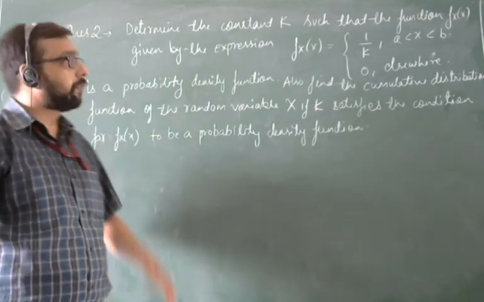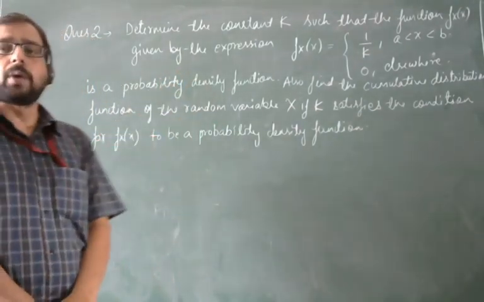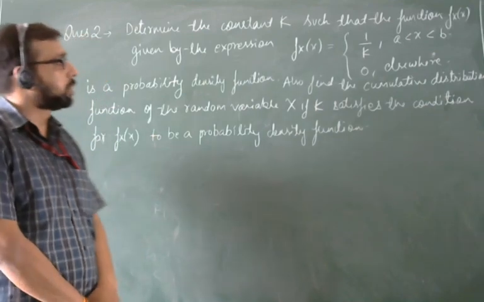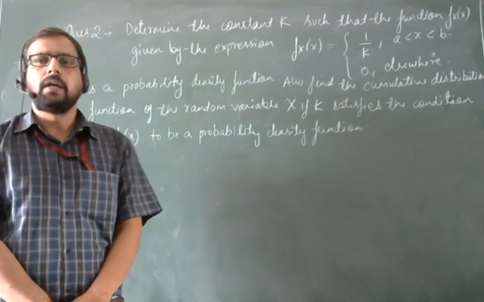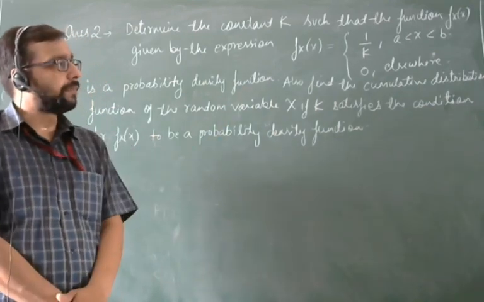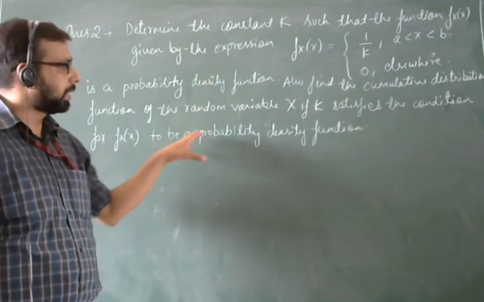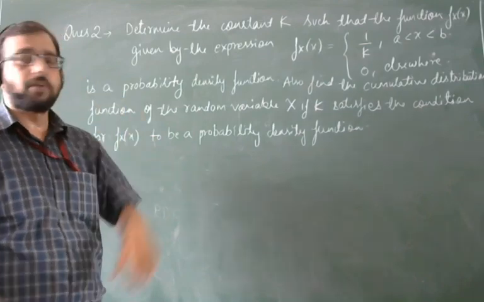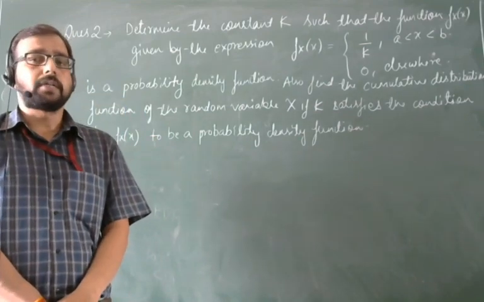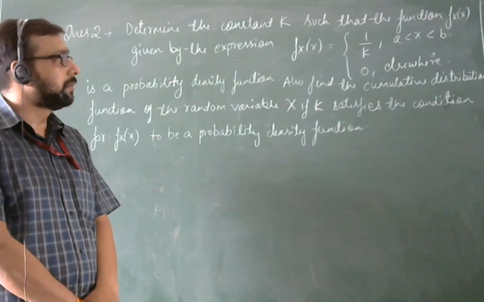So this numerical consists of two parts. In the first part, first of all calculate the value of k if this function is the PDF, and then after using the value of k, if this satisfies the condition for the function to be the PDF, then calculate the CDF.